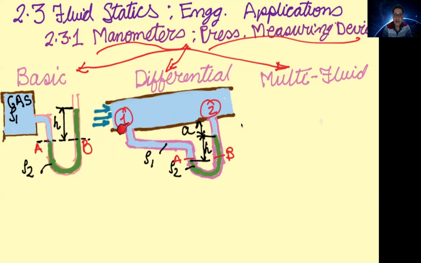If you are interested in measuring the pressure difference between two locations, 1 and 2, where, let us suppose, water is flowing, the pressure upstream is larger as compared to downstream.